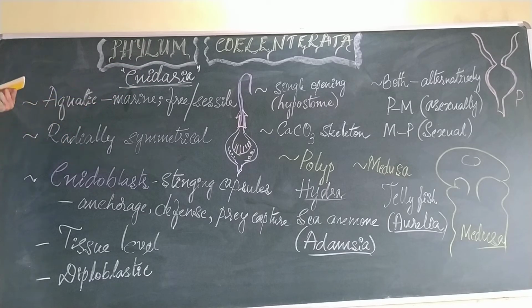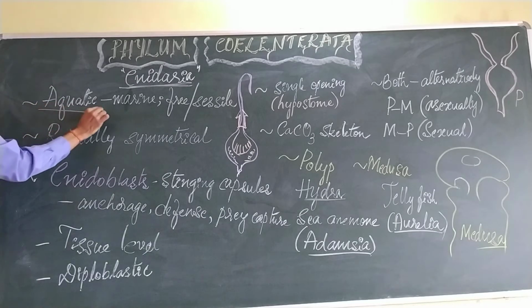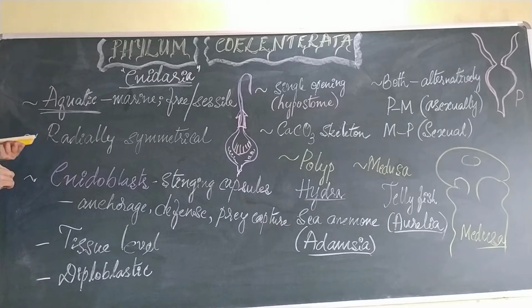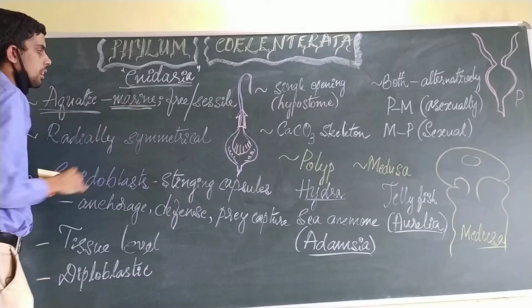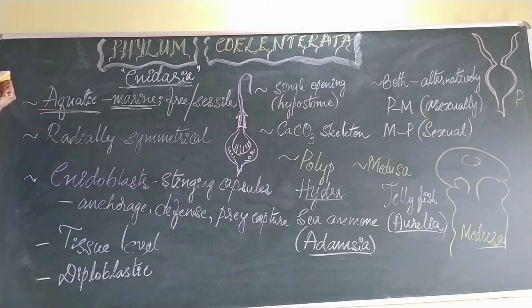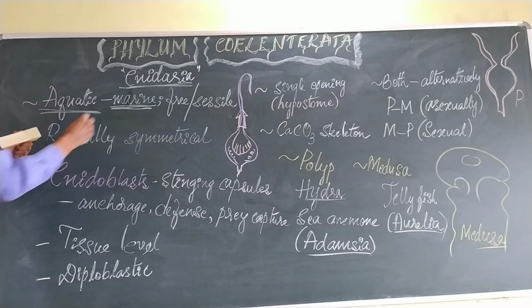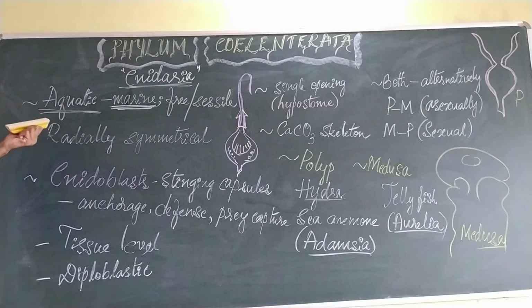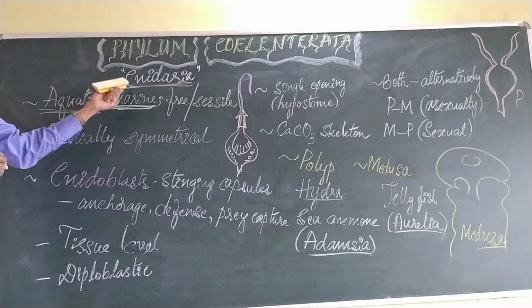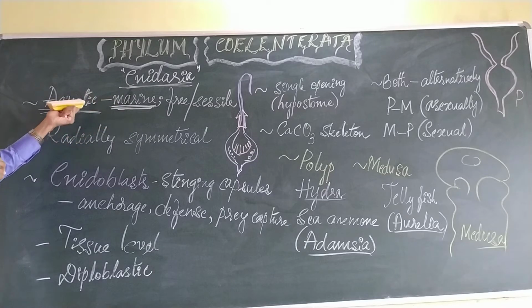Instead we have other types of body. When we study the habit, we find that they are aquatic and marine. As in Porifera, even here they are exclusively marine, which are not found in fresh water or on land.